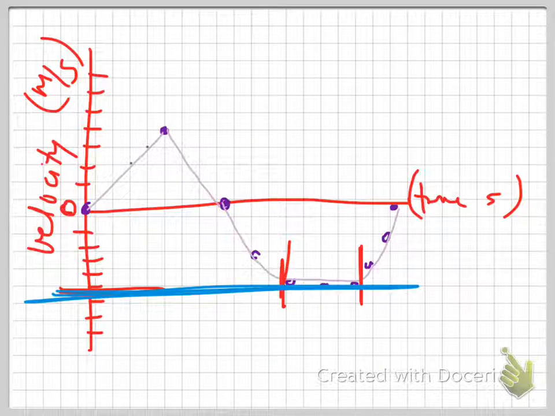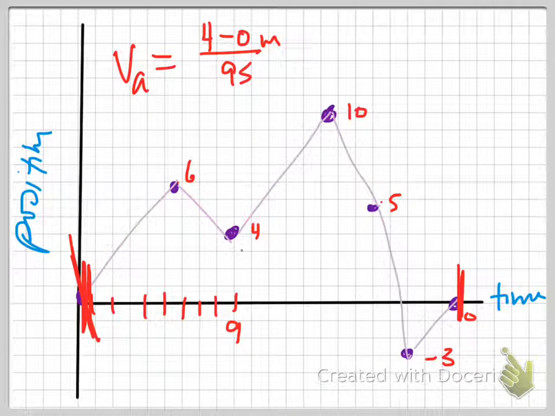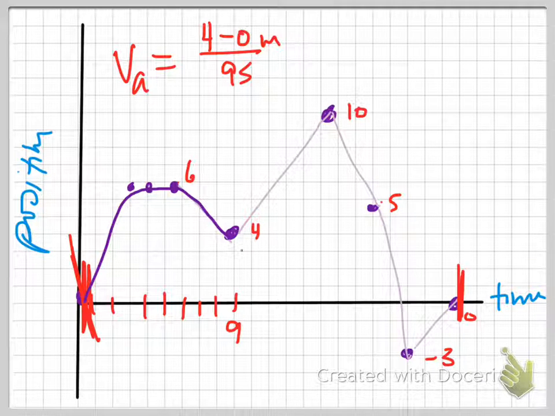Now, if we look at the position time graph, are there any points here where the velocity is 0? Yes. From 0 to 6, and also from 6 to 4. Is the velocity 0? So let me change this line a little bit. Let me muddy up the water here, or unmuddy it. Acceleration. So this is a position time graph. Slope of the position time graph gives you what? Velocity.